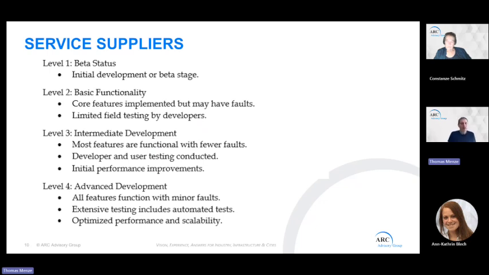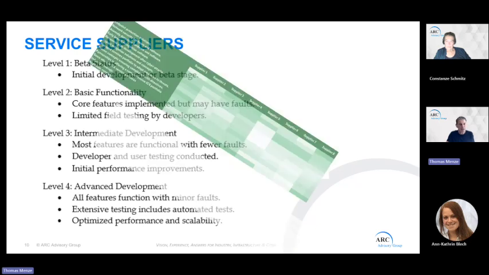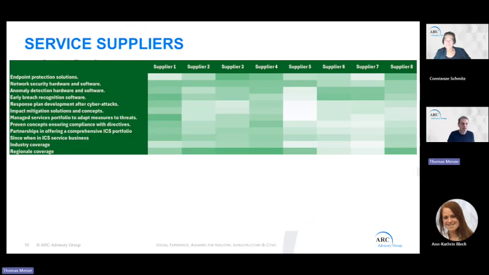Then we allocated different experience levels, and we used 5 levels to convert these service offerings into a heat map. And you can see the heat map here. On the left-hand side, we have the different criteria.